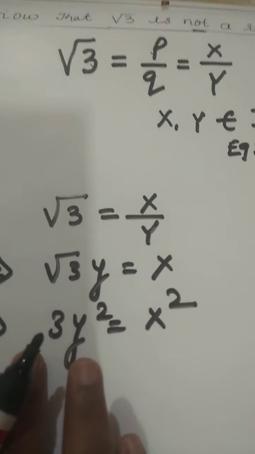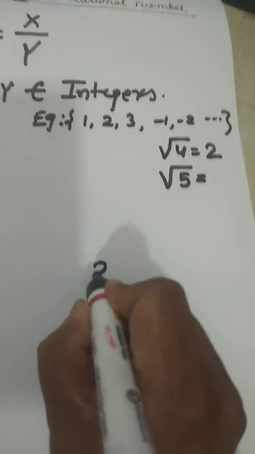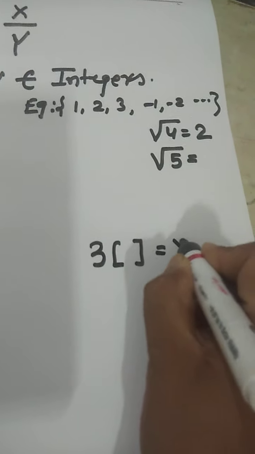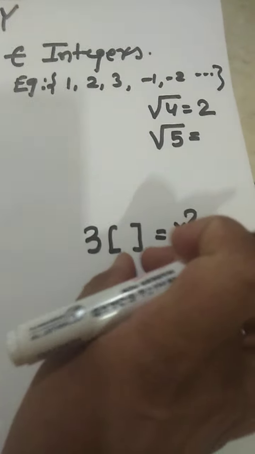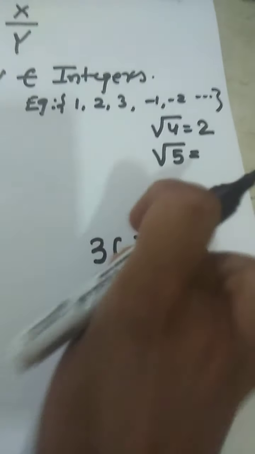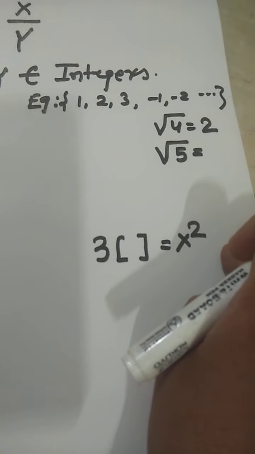Now here the second concept. 3 multiplied by something, 3 times a blank is equal to X square. If we put 1, maybe 3 times 1, maybe 3 times 2, maybe 3 times 4, or maybe 3 into Y square is equal to X square.